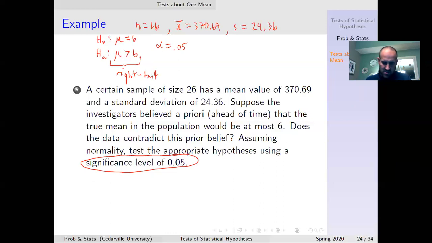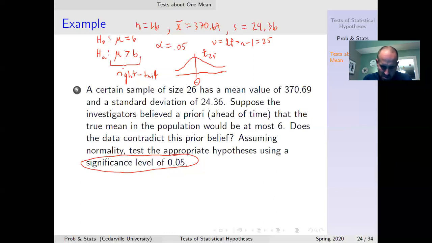Which t distribution am I going to use? They all have 0 as their mean in the middle. It's going to be t sub 25, because the degrees of freedom, nu, is equal to n minus 1. N is 26, so n minus 1 is 25.